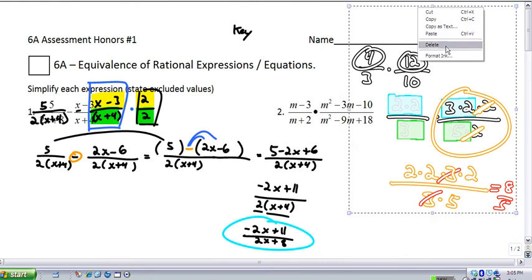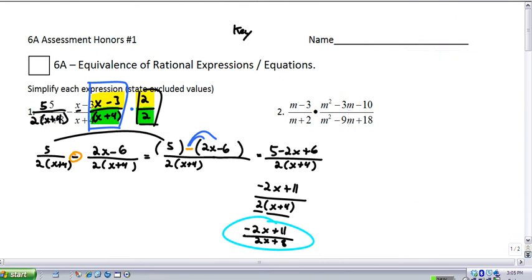So obviously m minus 3 is factored already. M plus 2 is. Let's see, this guy here. Let's replace that guy with its factored version. Can you factor that? Oh, I covered it up there.